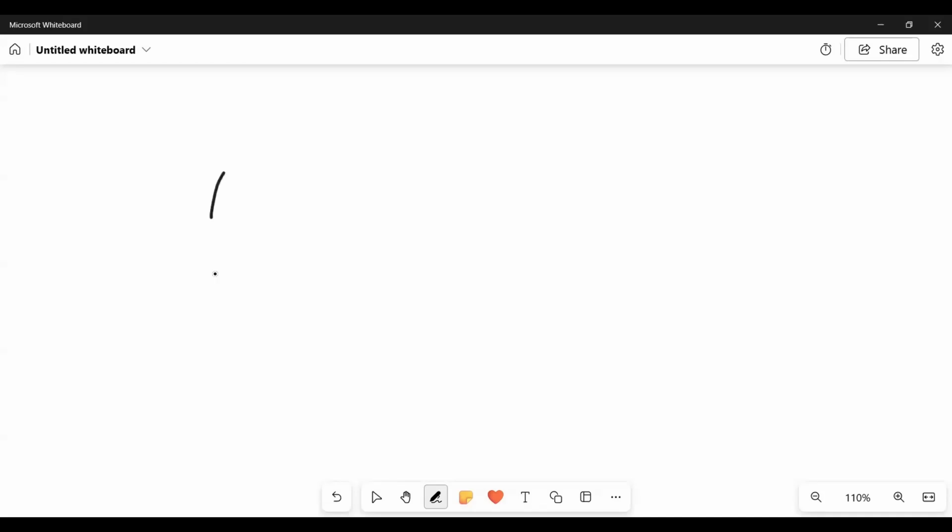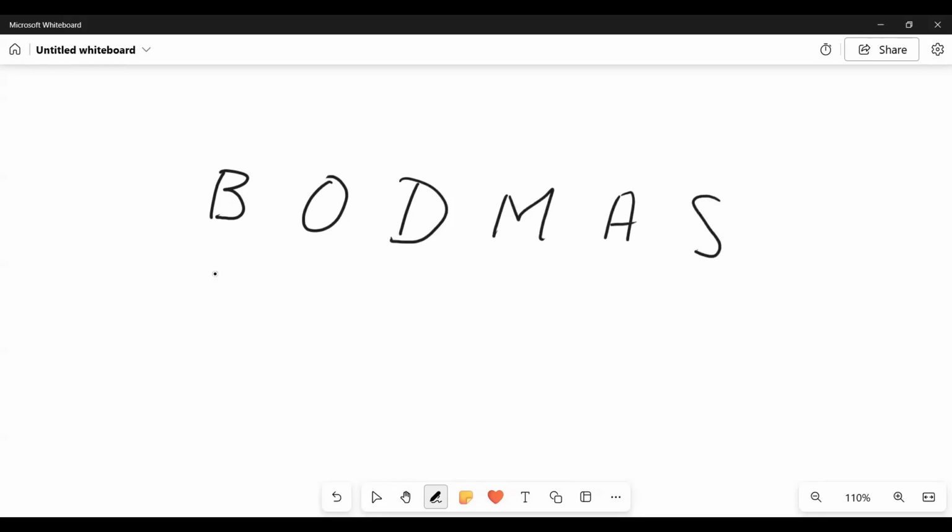And there's a nice little memory aid that you can use to remember how it's done. I don't know if you remember this from high school. Anybody know what the B means?